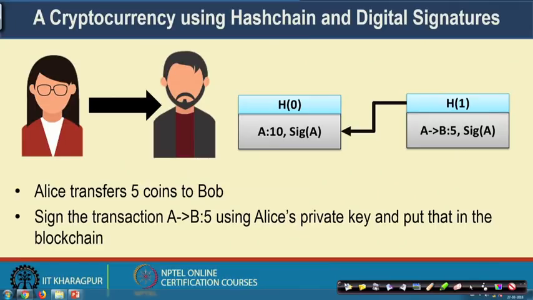That was the concept behind the blockchain. You put all the transactions in the blockchain along with the signature of the person who initiated the transaction. That way you are making the blockchain tamper proof, and at the same time you are ensuring that no one will be able to deny their own transactions, or claim others' transactions.